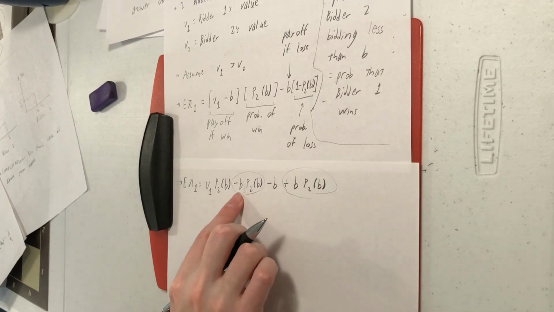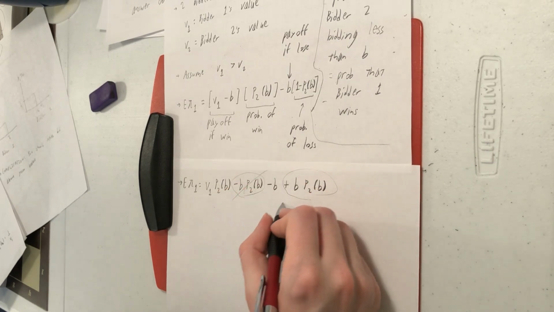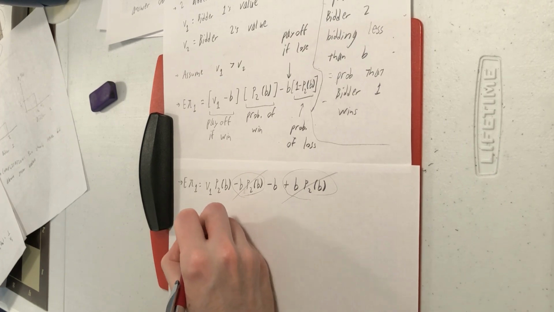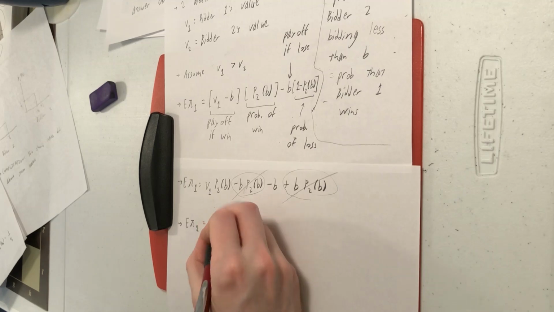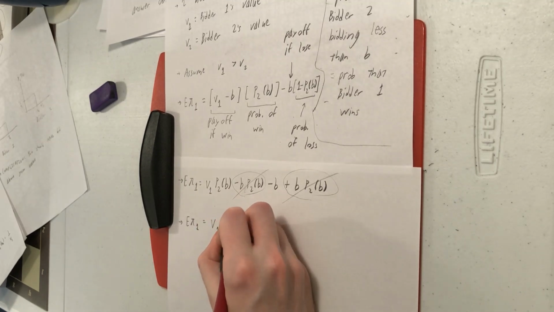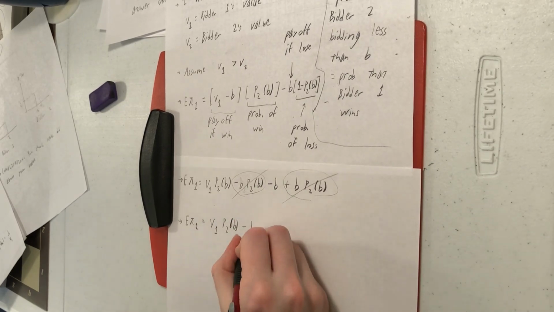We've got a minus B P2 and a plus B P2. So we're left with V1 times P2 of B minus B.